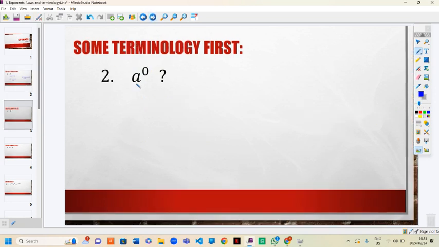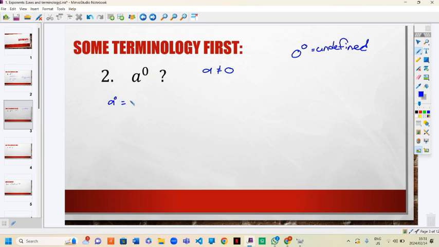Number 2, a to the power of 0. So a can be any number, except for 0, because 0 to the power of 0 is undefined. So if a is any other number other than 0, anything raised to the power of 0 is always 1.